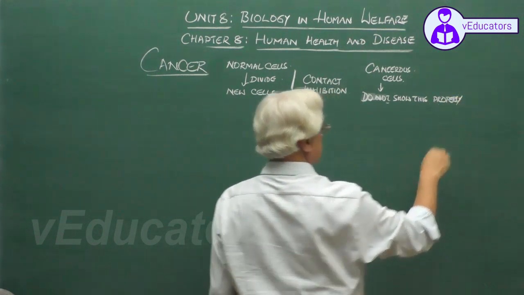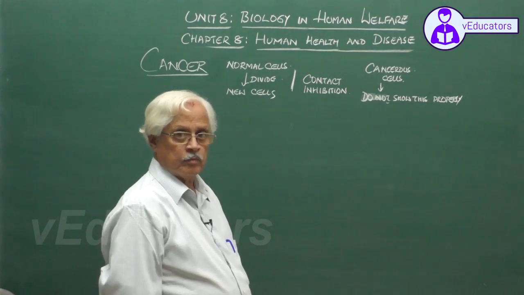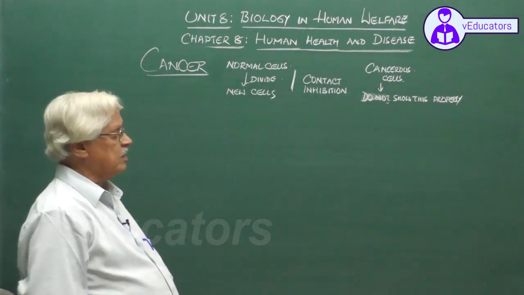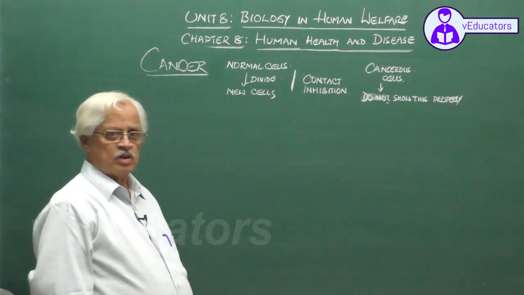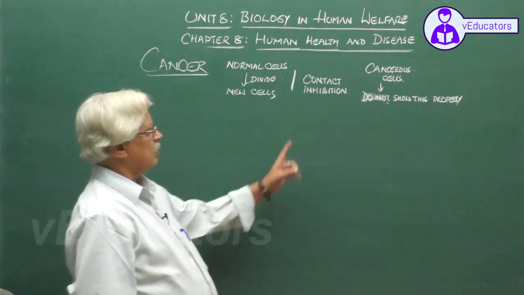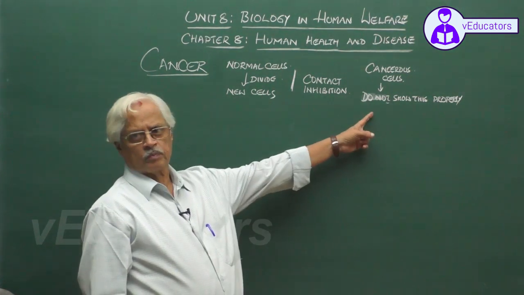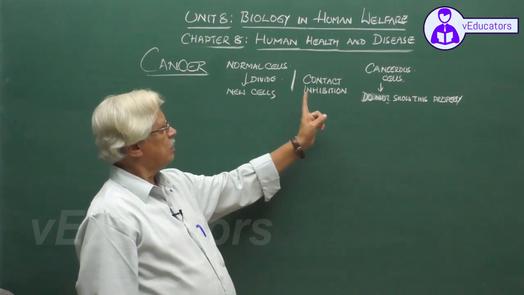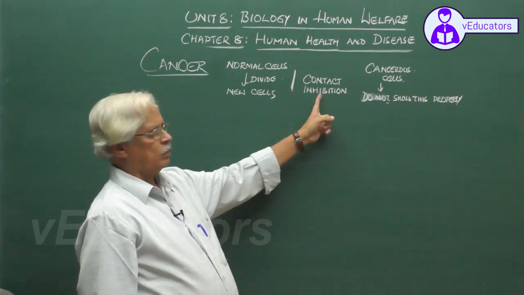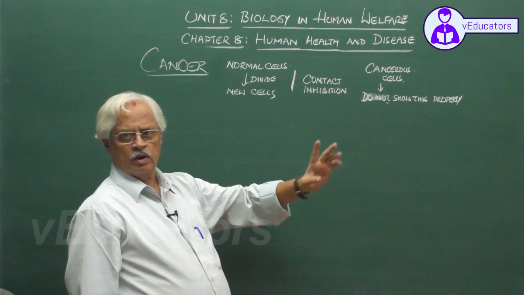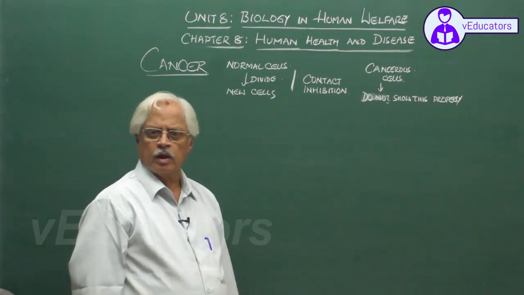Cancerous cells not only differ from the normal cells in their structure and function, they also differ from normal cells in this unique property. They do not show contact inhibition. Therefore, cell division goes uncontrolled.